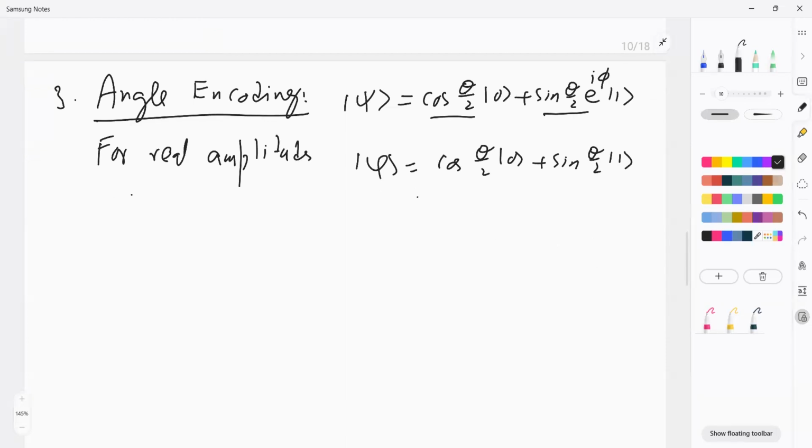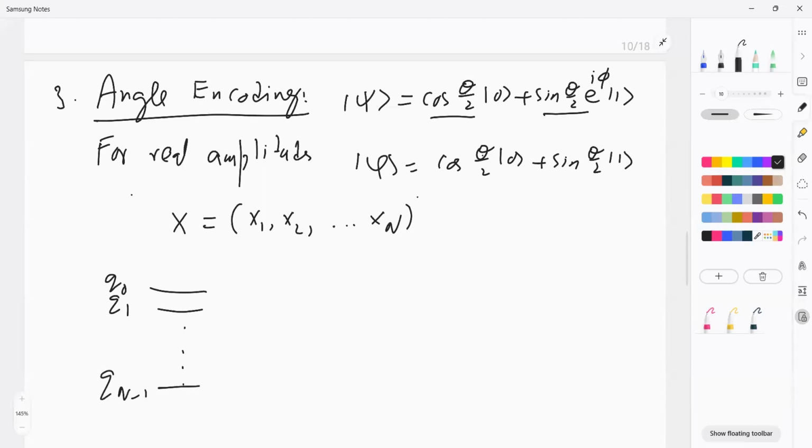And we can actually use this theta to encode our data as well. Suppose again my x vector is x1, x2 all the way to xn, and suppose I choose n qubits. Okay, so this is q0, q1 all the way to the n minus 1 qubit.